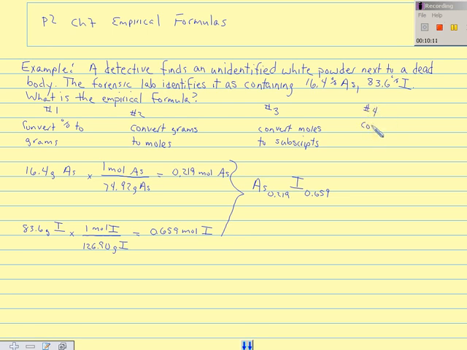Convert subscripts to whole numbers. And the way we do that is we divide these subscripts by whichever one of these is the smallest.